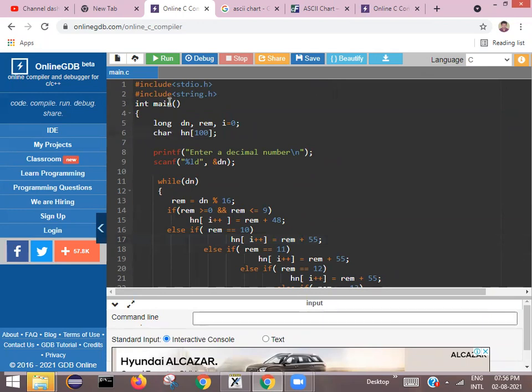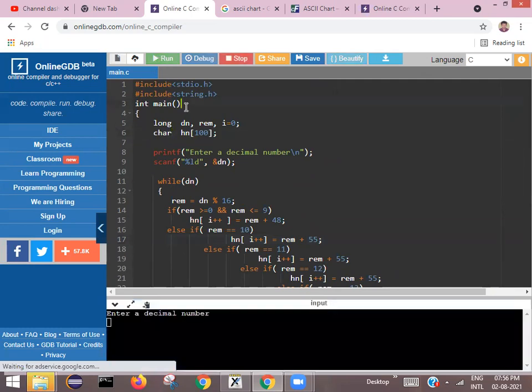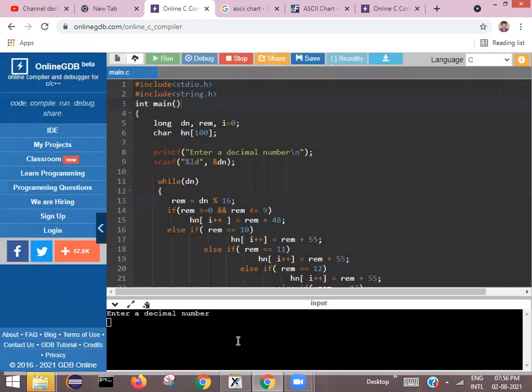Okay, so let us run this. Enter a number 10480, I entered, no? 480 I entered.